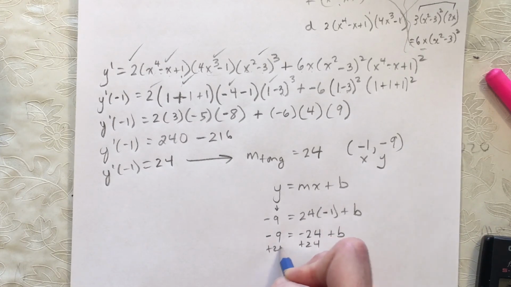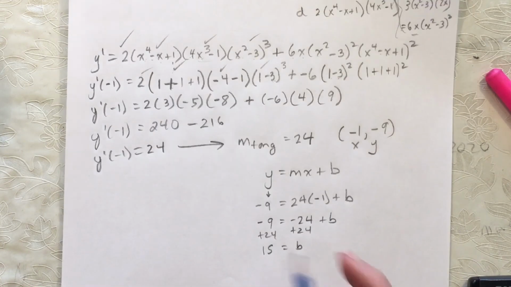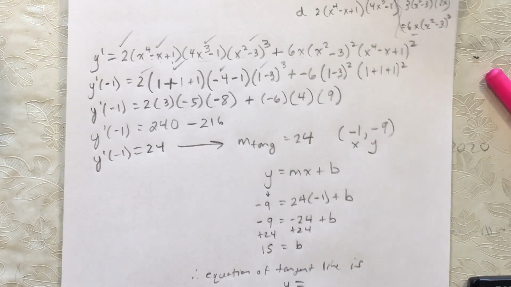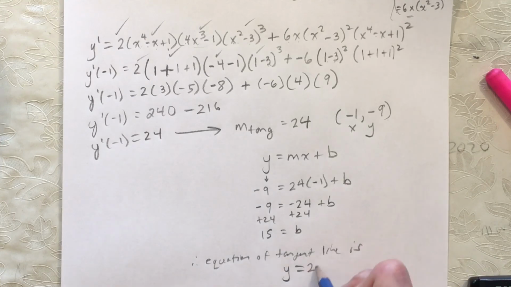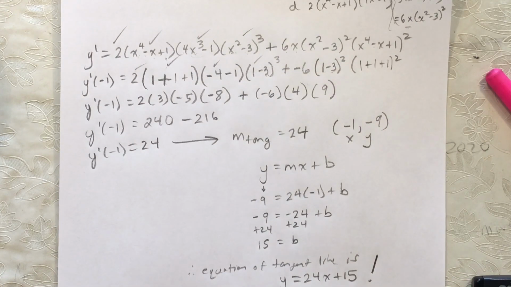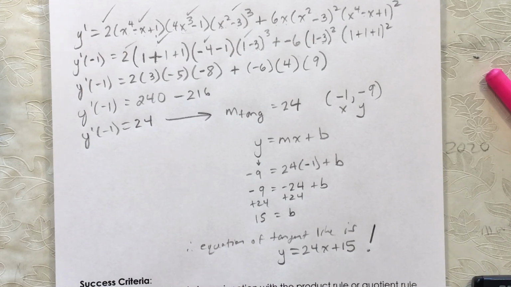Add 24 to both sides, and we get b is 15. So now we can do our therefore: the equation of the tangent line is y equals, so our slope is 24x plus 15. All right, so that is our lesson on combining all the rules. Make sure you do the practice and check your solutions.